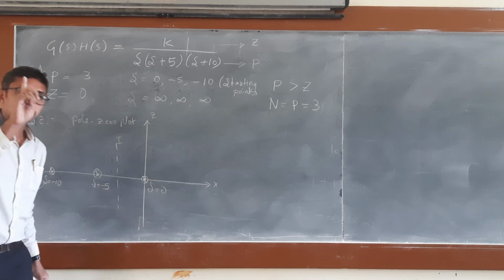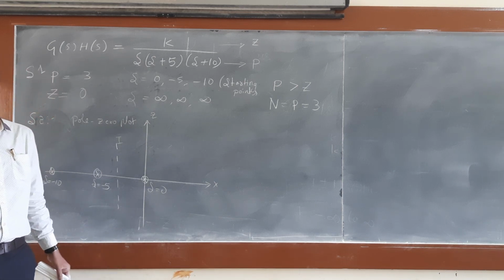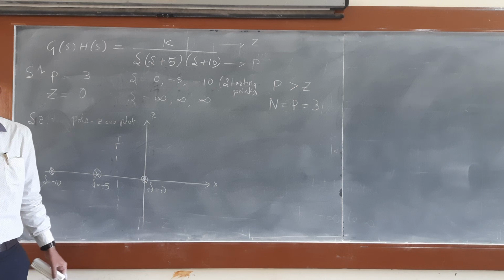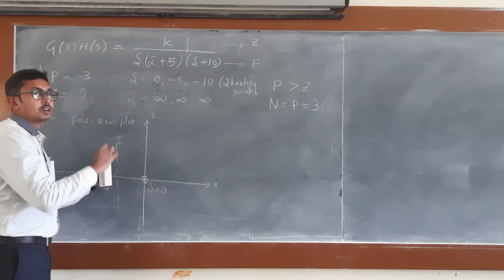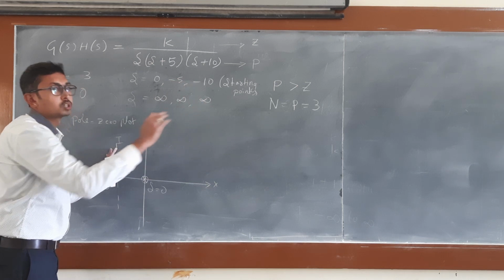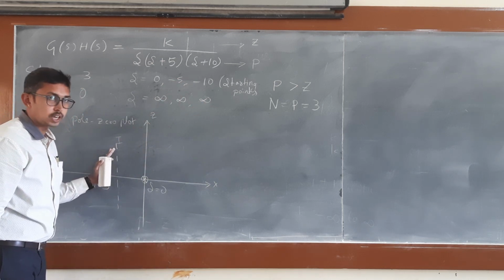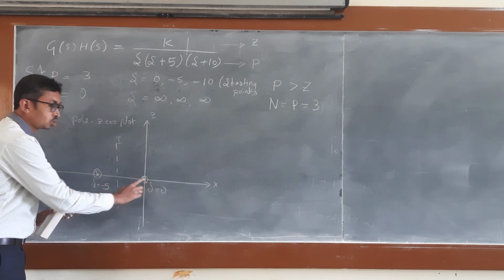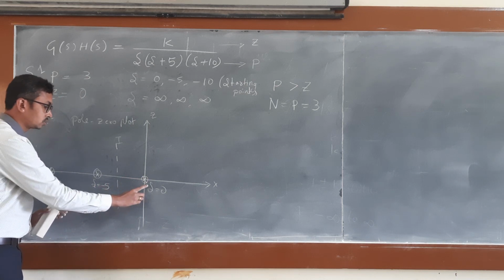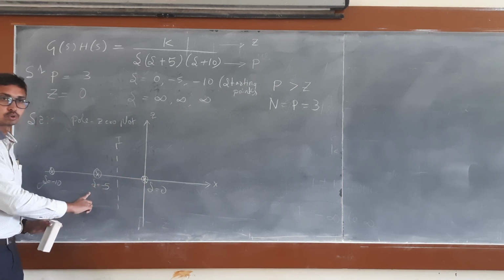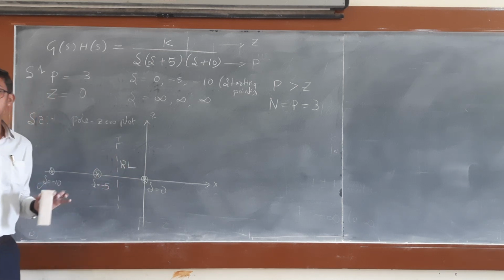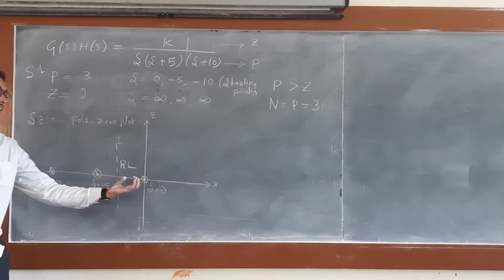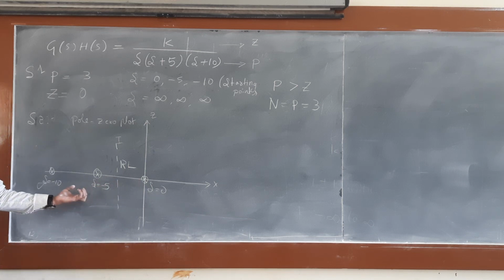Right? So is 1 an odd number or an even number? Odd number. So whenever we find an odd number of roots to the right side, we can say there is a root locus between S is equal to 0 and S is equal to minus 5. So root locus is there.